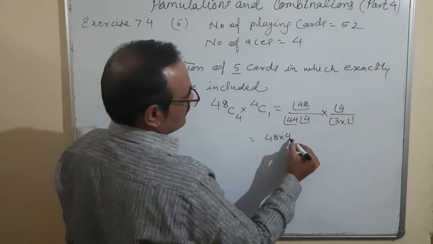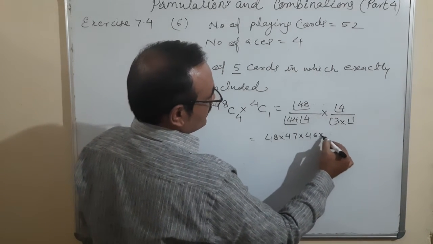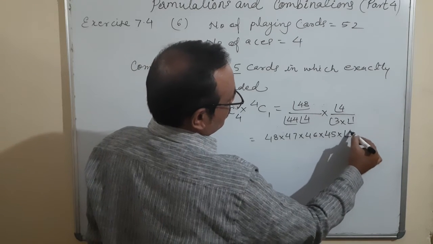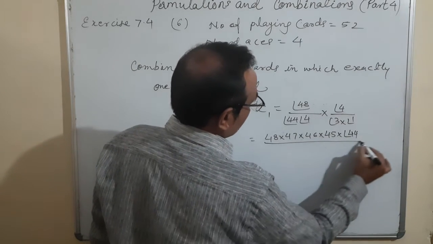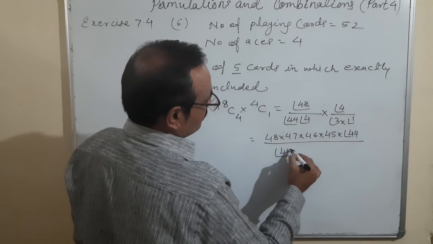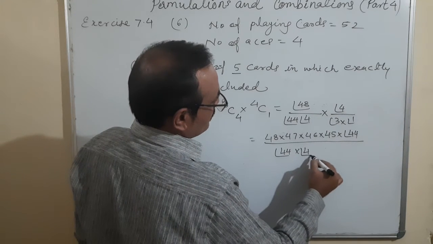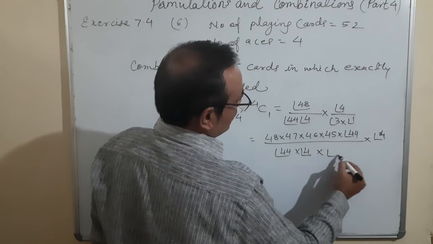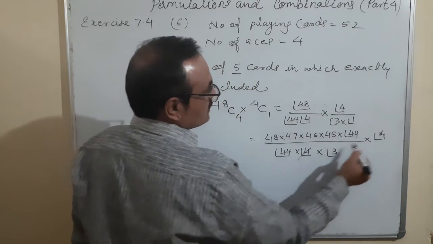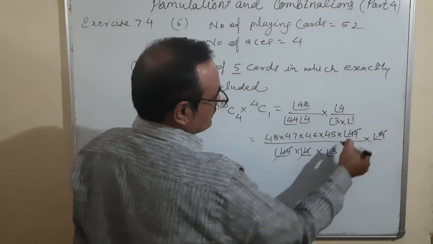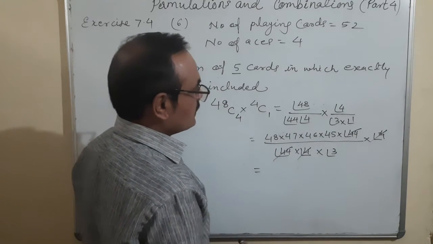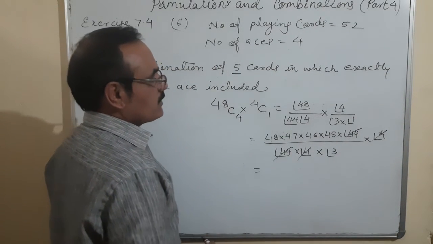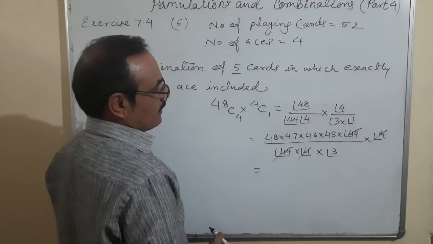48, 47, 46, 45, 44 upon factorial 44 into 4 multiplied by factorial 4 into factorial 3 and 1. That means it is 1. It is cancelled and the answer is 48 into 47, 46, 45. Okay.